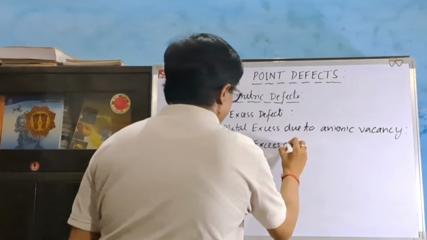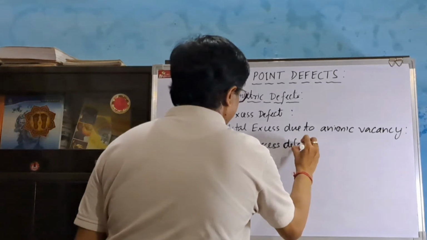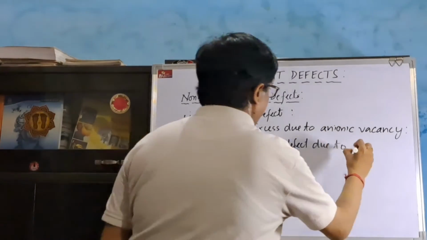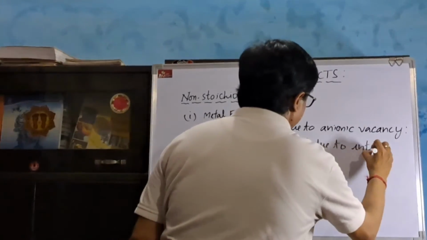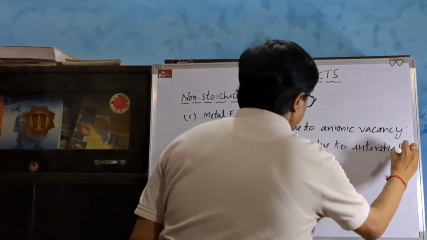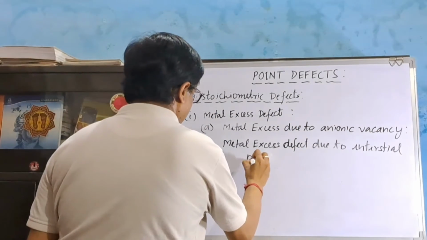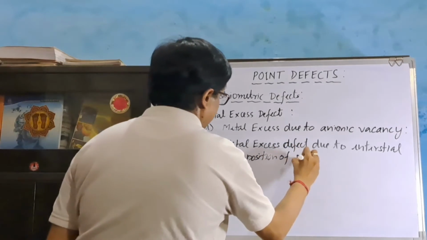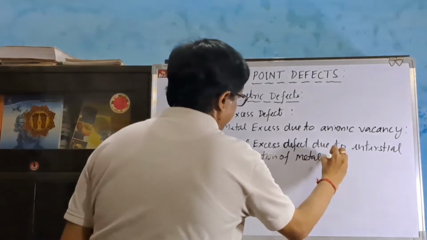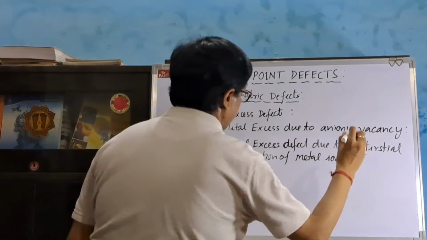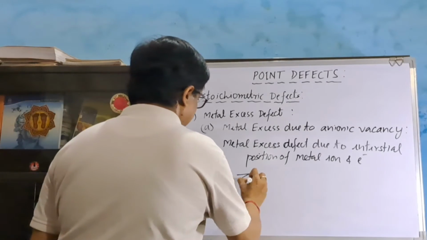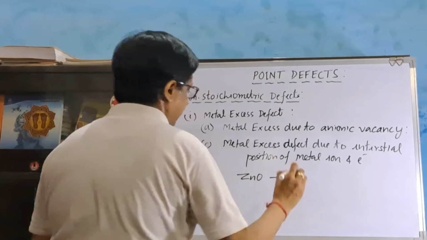For example, zinc oxide is generally white in color.